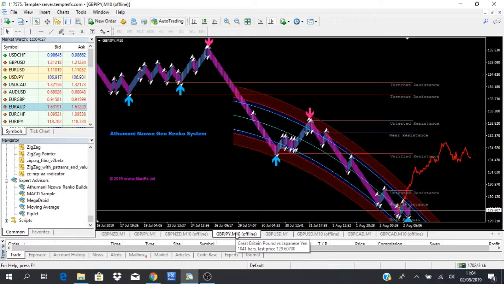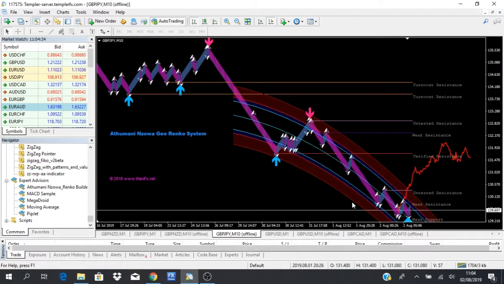Now look at this. This is GBP JPY, and for instance, if I had the previous regression channel, at this point I would actually go buy. But look at the shape of the regression channel.